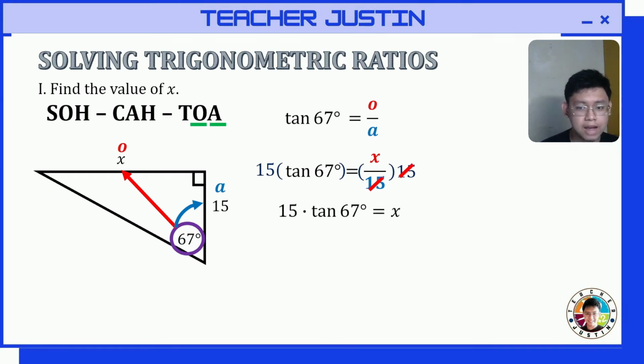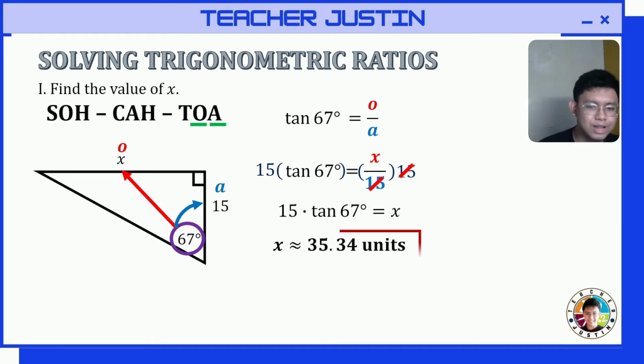Simplifying it, we will have the equation 15 times tangent 67 degrees is equal to x. Now, using our scientific calculator, let's compute for 15 times tangent 67 degrees, giving us an approximate value of x, which is equal to 35.34 units. And that will be our final answer.